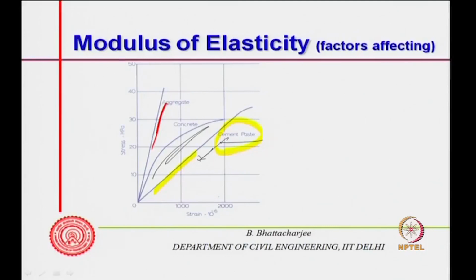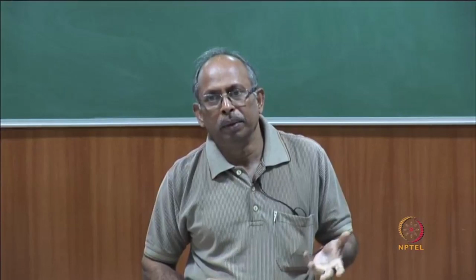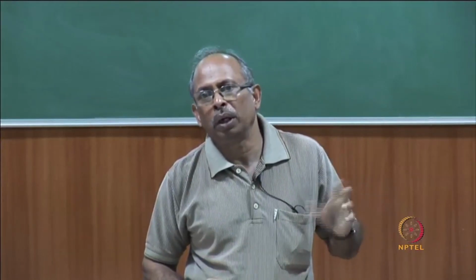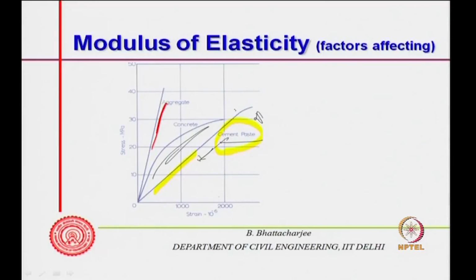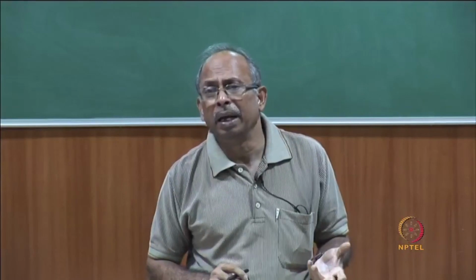The aggregate stress strain behavior is of course fixed, because you have taken the rock and the behavior will be fixed. Cement paste of course is under your control. So, if you improve the cement paste, the modulus of elasticity of concrete will also increase. So, it depends upon both the paste modulus of elasticity and the modulus of elasticity of aggregate.